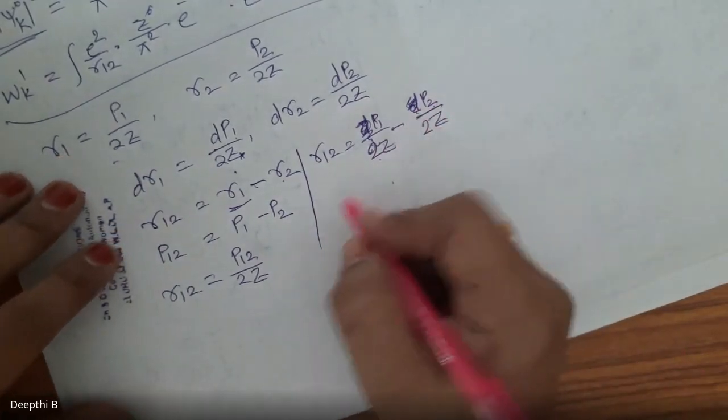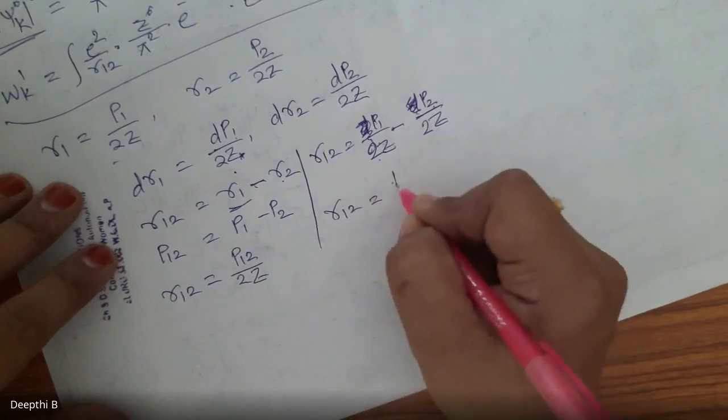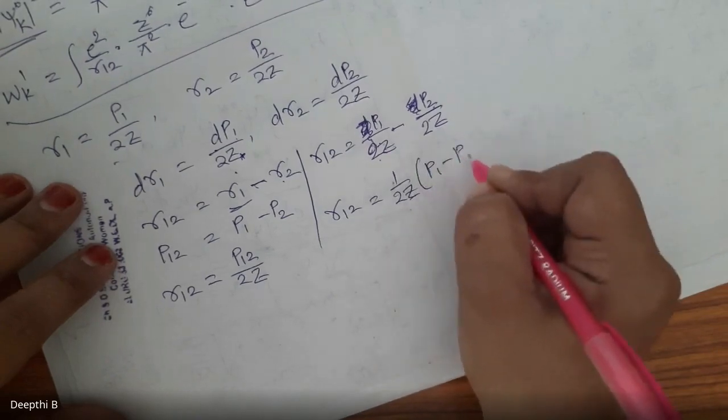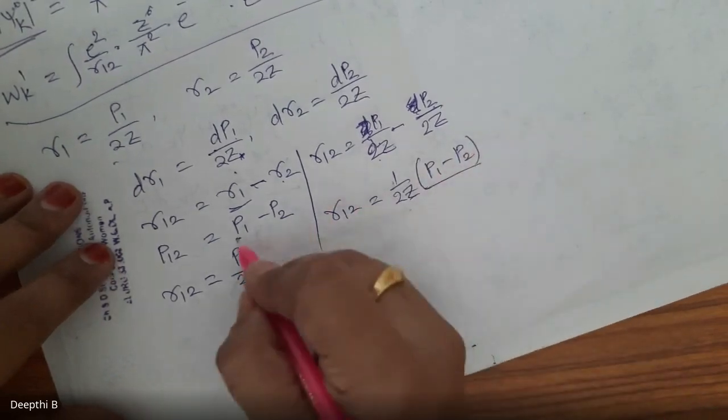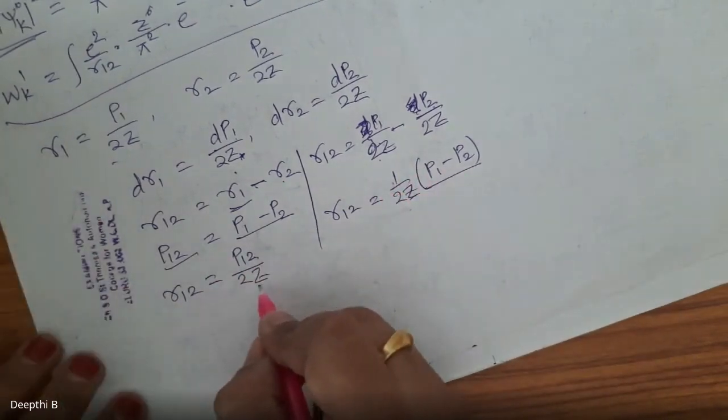Sorry, we have to put the r1 value, not dp. So what is the r12 value? 1 by 2Z common, it is p1 minus p2. So p1 minus p2 is p12. So it is p12 divided by 2Z.